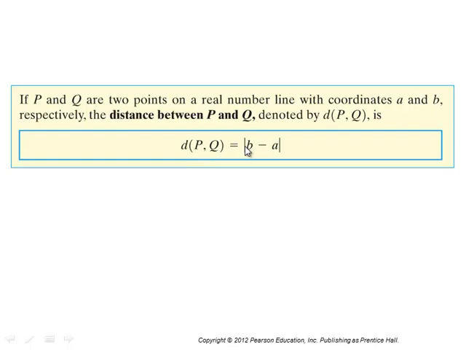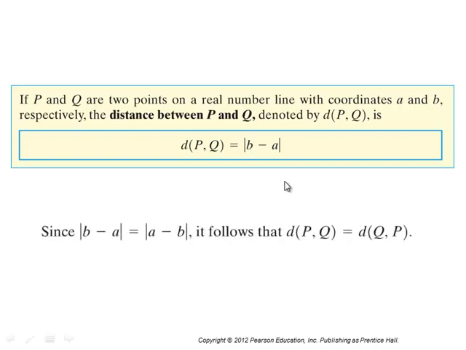And that's going to be the absolute value of the distance between them. So it really doesn't matter if you want to do B minus A or A minus B. You're just going to take the absolute value of the difference of the coordinates. Okay, so that's why the distance between P and Q is the same thing as distance between Q and P.